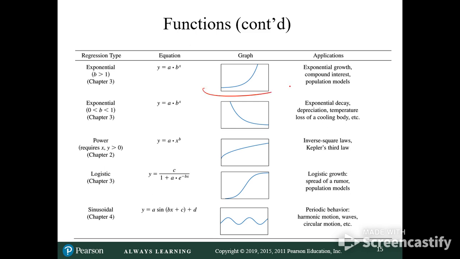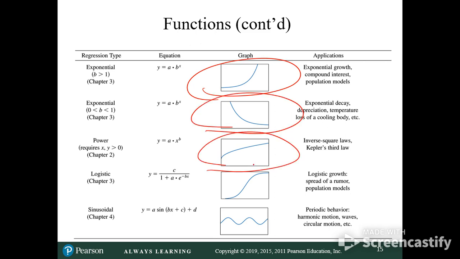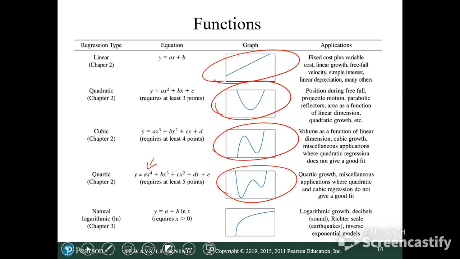The ones that we use to predict most of the time are exponential. That's exponential growth. This is exponential decay. We could also have a power function, logistic, or sinusoidal. So that's just some of the graphs that you'll see, that you need to match up with graphs.